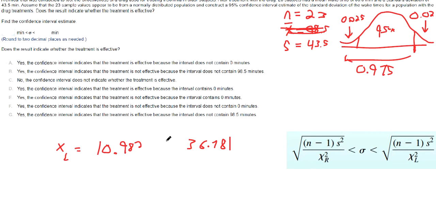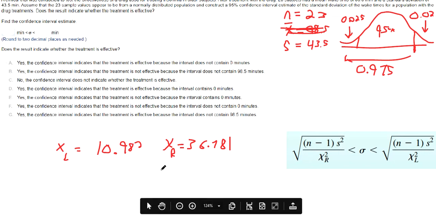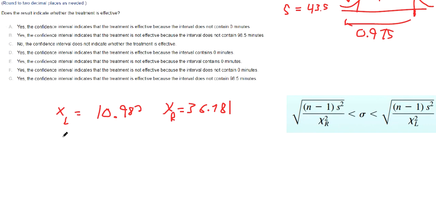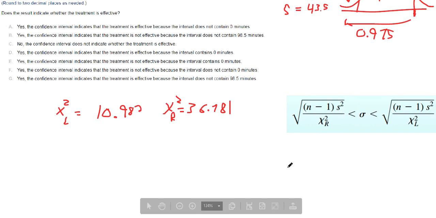The further to the right on the number line, the bigger the number. If you were to switch the order, the formula wouldn't make sense, because you would get a bigger value less than a smaller value. So make sure chi-squared sub r is bigger than chi-squared sub l.